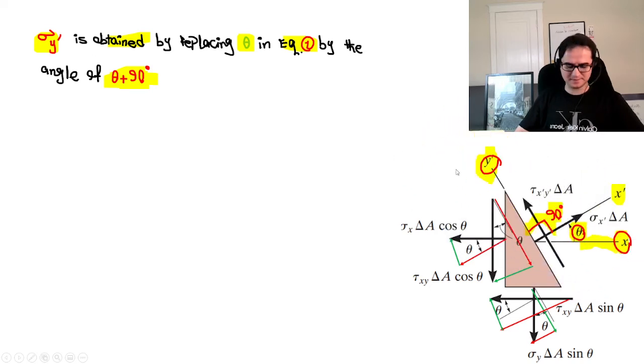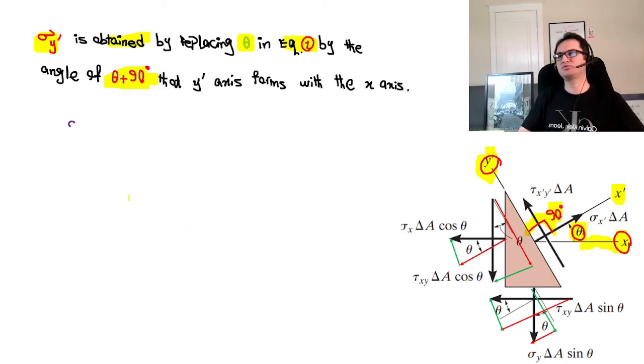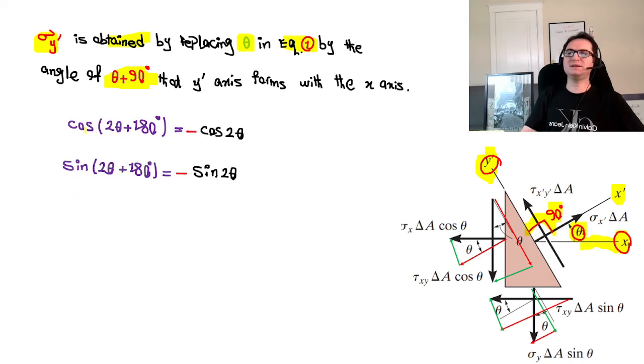So if you apply the same rule to sigma x prime, you can easily get the equation for sigma y prime, and at the same time, we do know cosine of 2 theta plus 180 is a negative cosine of 2 theta. Sine of 2 theta plus 180 is a negative sine of 2 theta.